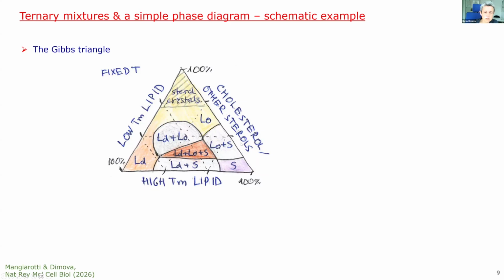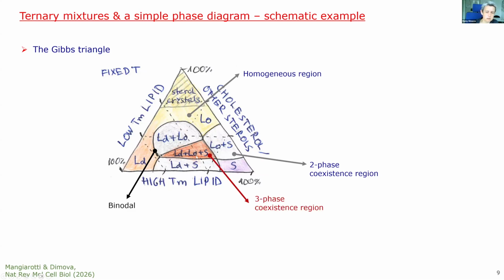And then you have a bunch of different regions. Again, the black lines are the binodals. You have a region of homogeneous liquid ordered phase or liquid disordered phase or solid phase. And then you have regions of two-phase coexistence, liquid and solid, and liquid disordered plus liquid ordered, which is the most interesting one. You can have also a three-phase coexistence region.